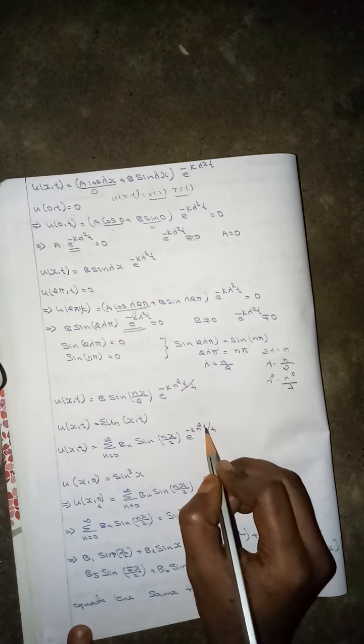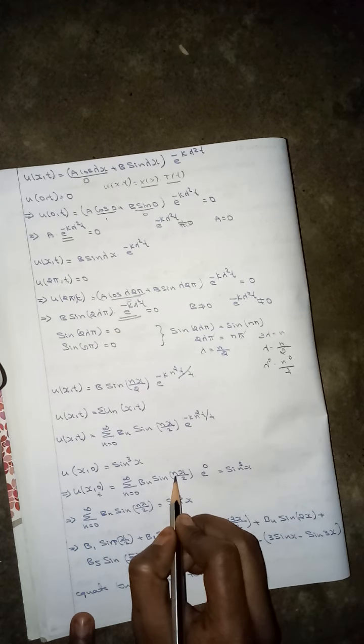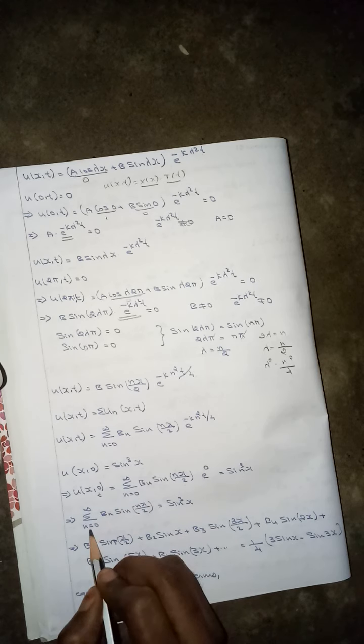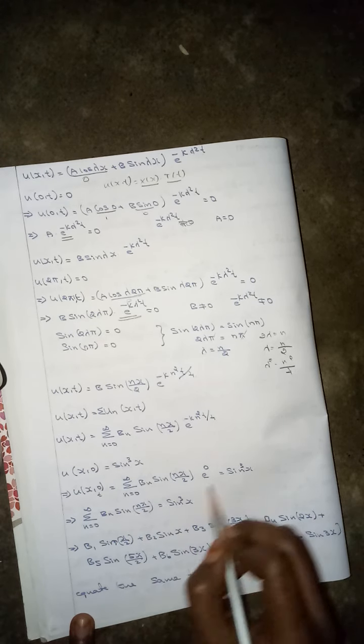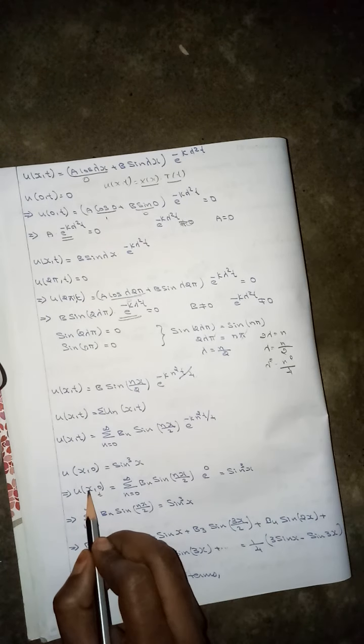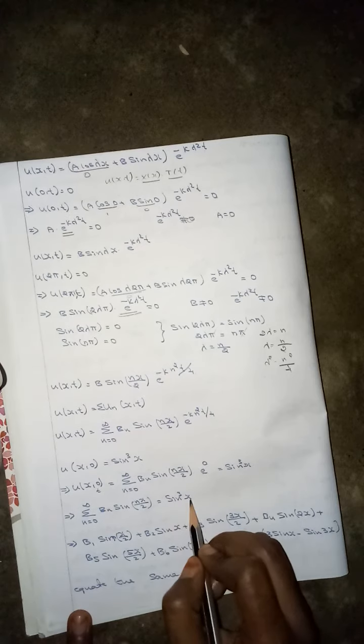So applying t, this total term becomes 0. E power 0 is 1. So remaining term will be summation n equal to 0 to infinity bn sin nx by 2, which is equal to sin cube x. That is, u of x comma 0 is given as sin cube x. So I have equated it to sin cube x.